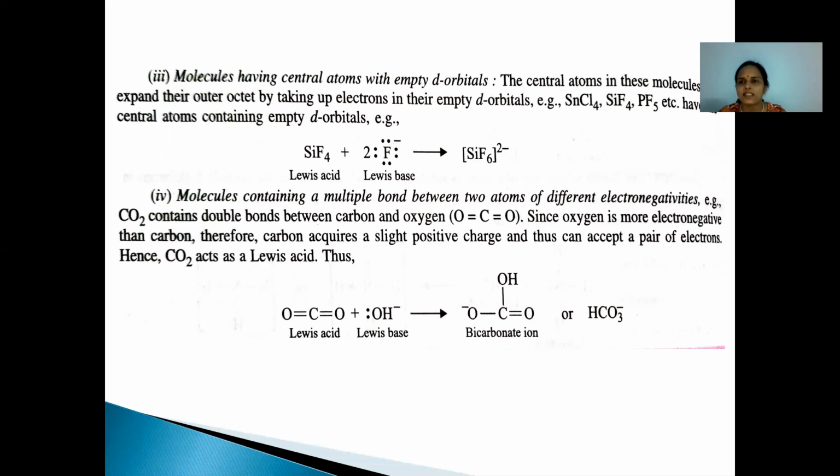Hence, carbon dioxide acts as a Lewis acid. So it reacts with a Lewis base and forms a bicarbonate ion. CO2 plus OH minus gives HCO3 minus. So molecules containing multiple bonds between two atoms of different electronegativities can also act as Lewis acids. So carbon dioxide will act as a Lewis acid.